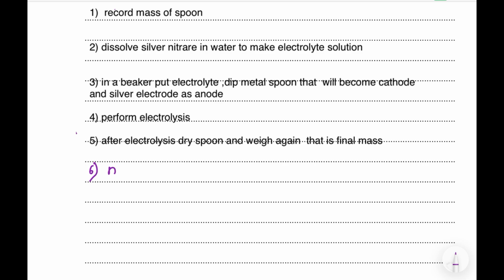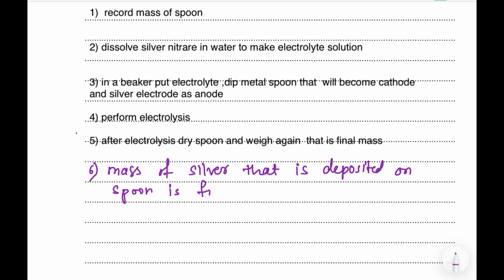Mass of silver deposited on spoon is final mass minus initial mass.